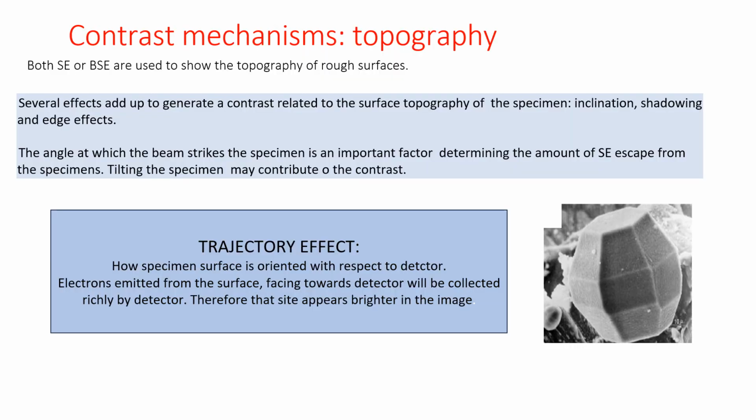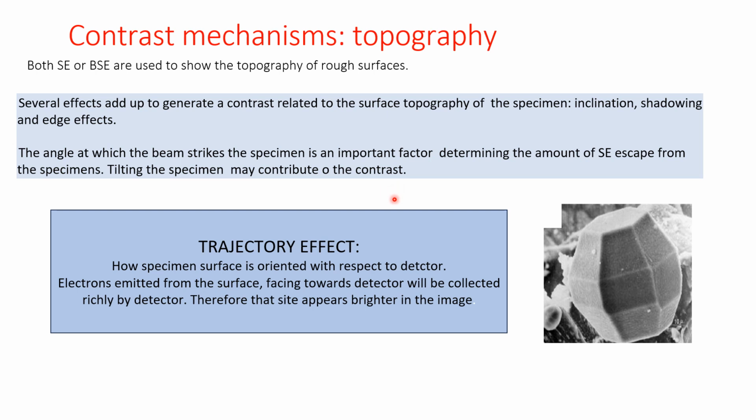This is the topographical contrast mechanism. Both secondary electrons and backscattered electrons are used to show the topography of the rough surfaces. Here a concept, that is the trajectory effect. That means how the specimen surface is oriented with respect to the detector.